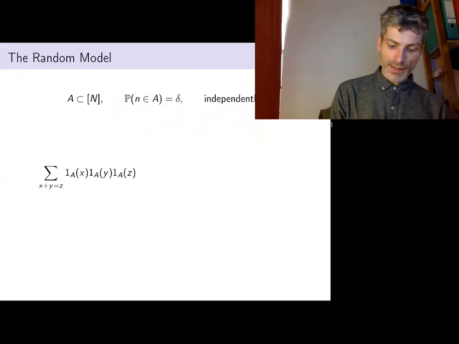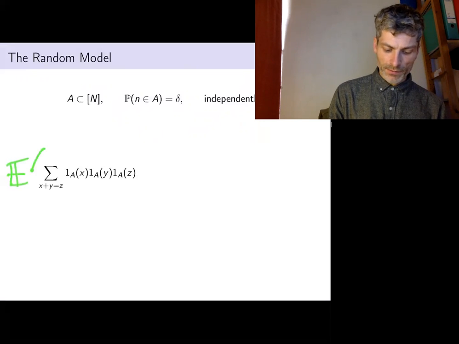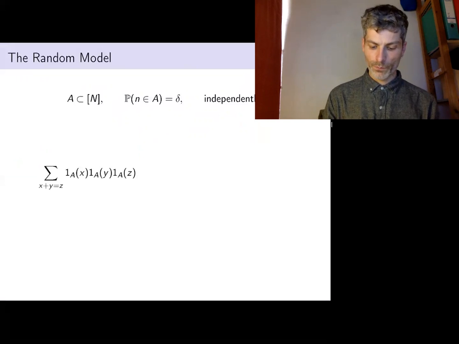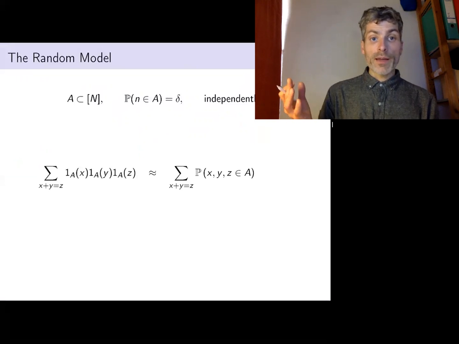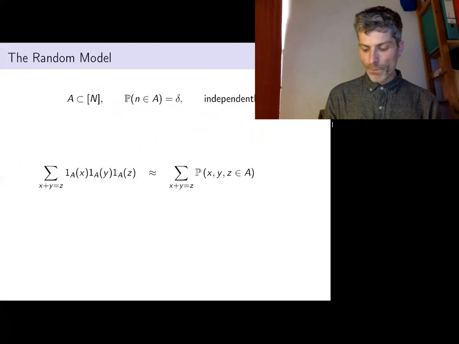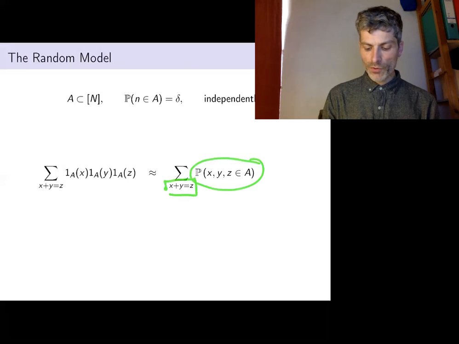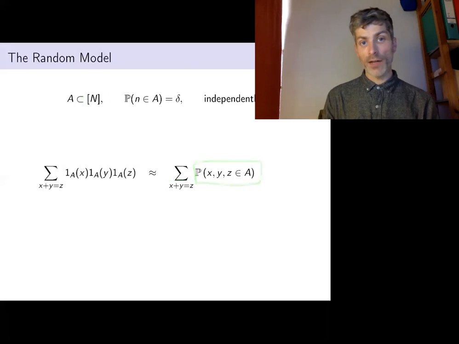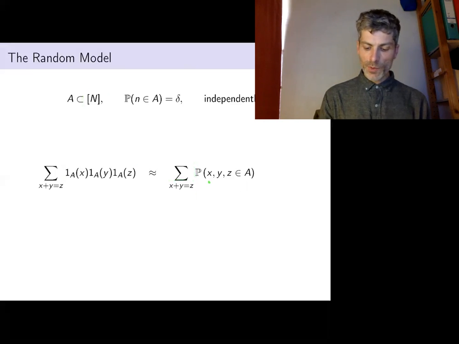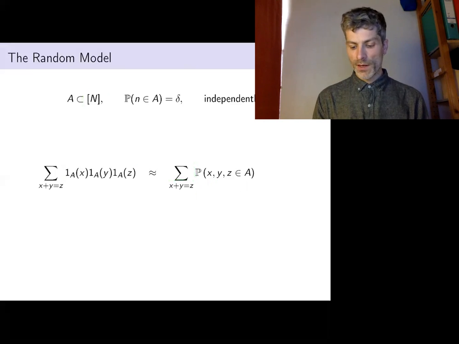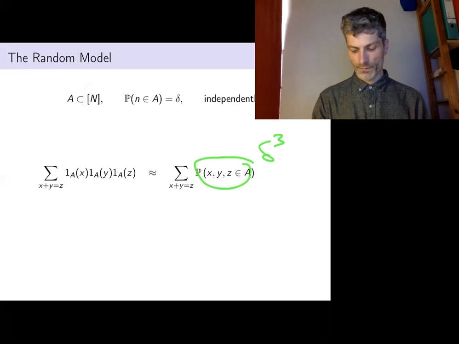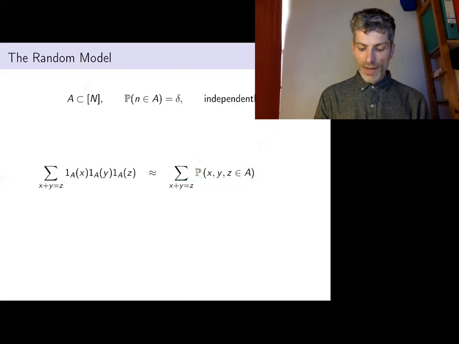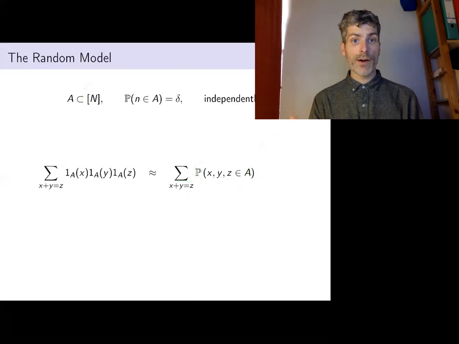Let's maybe calculate the expected value of the number of solutions to our equation. Because the expectation operator is linear, you can crash through the sum and you replace this product of indicator functions with a probability. You're summing over all triples solving the equation in your interval, weighted by the probability that all the variables lie in your set A. Provided x, y, and z are distinct, this number is going to be delta cubed. And indeed, almost every solution to this equation has distinct variables.